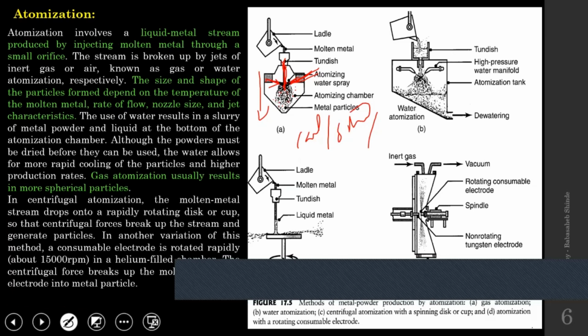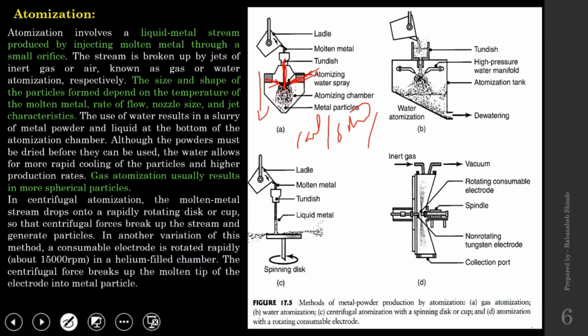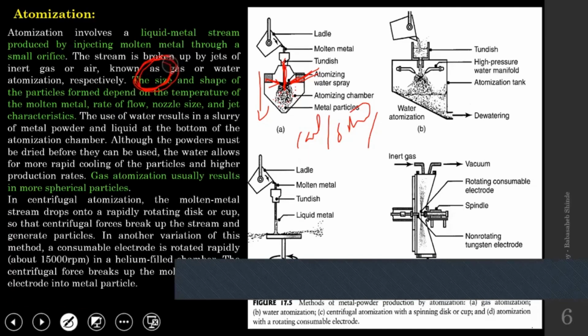So why do we get spherical particles in all of them? Because whenever a liquid, here molten metal, is not in contact with any body and is freely suspended in space, it tries to minimize its surface area. The reason is surface tension.